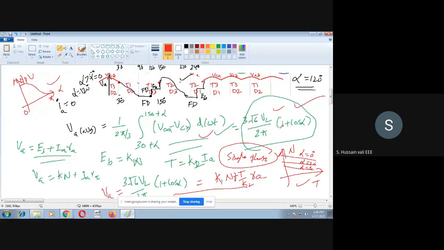Line voltage and phase voltage, both are there here. I'm sure that this is correct. Just check yourself, I have already verified this. So this is the average output voltage and this is the speed torque characteristics, whereas this is the relationship between output voltage and the firing angle.